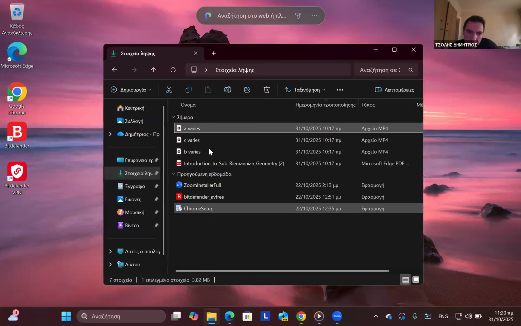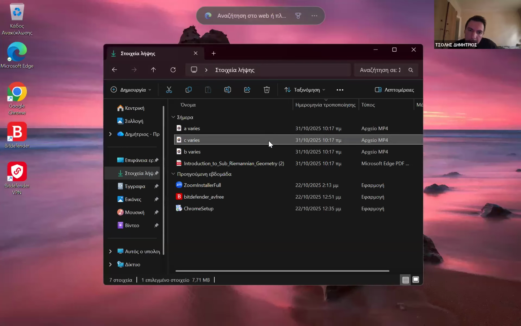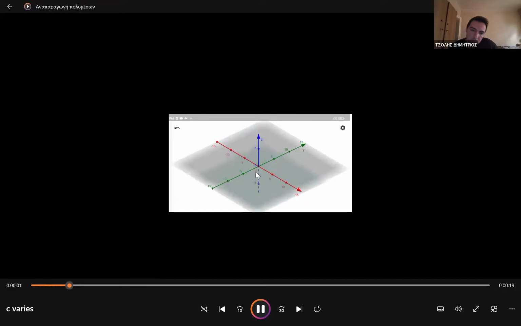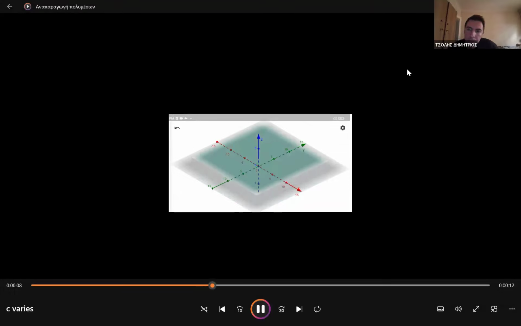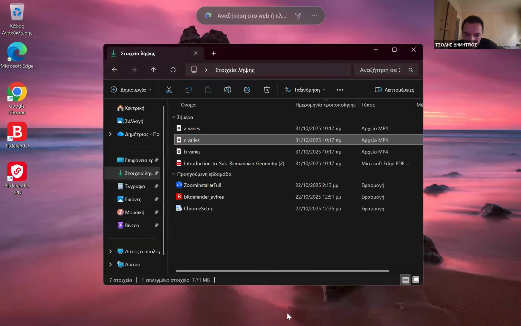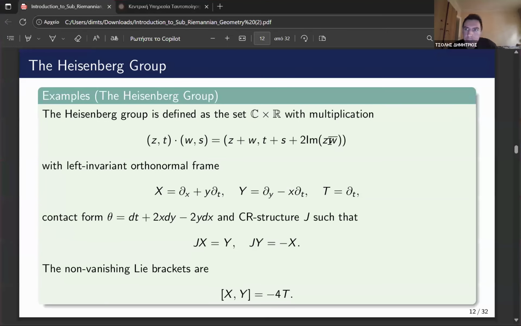So when B varies, essentially the tangent bundle twists like this. And when C varies, it moves like this. So thanks, Ilya, for creating this animation.